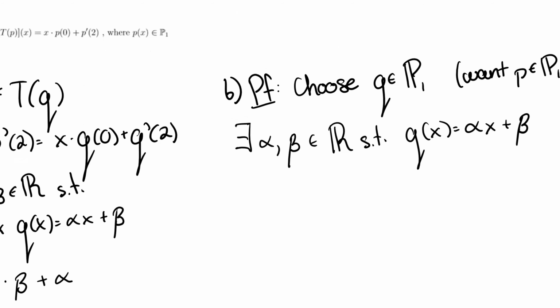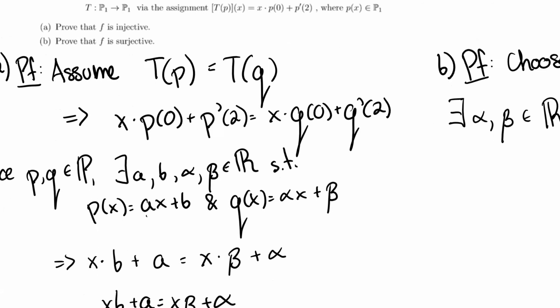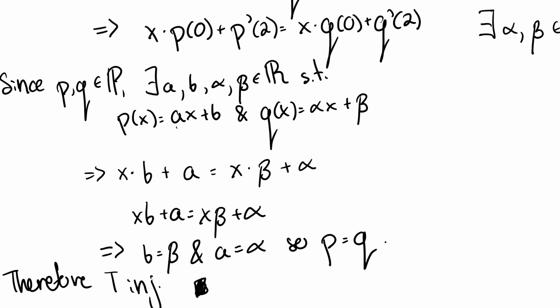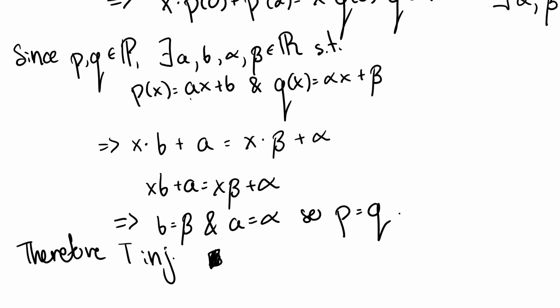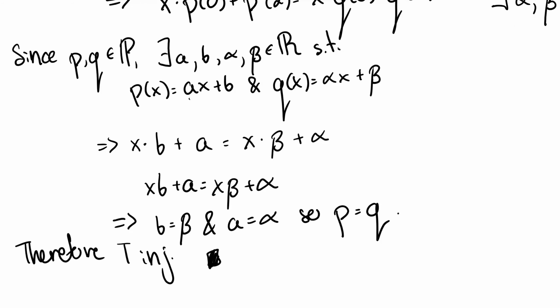But a lot of the work that we did over here can prove to be very helpful. So maybe we don't have to do scratch work. Did you notice T of Q, that polynomial, was the reverse? So it was beta X plus alpha.